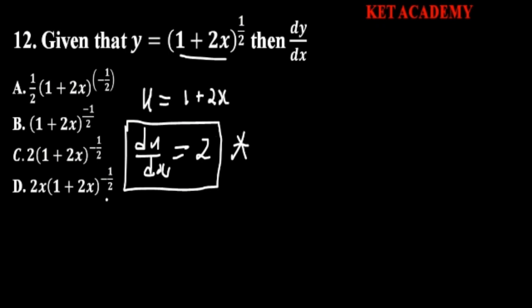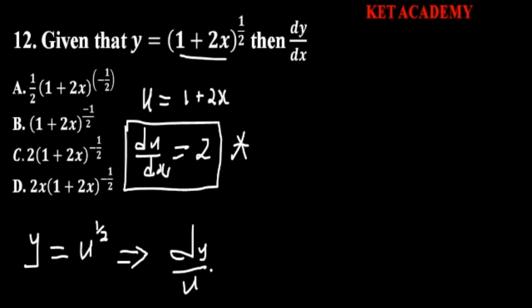Now we'll go back to the original function. We know that the original function will simply be y equal to u to the power a half. And this implies that when we want to differentiate our function y with respect to u, from the standard definition of differentiation, we simply bring down the power half, we copy the function and reduce the power by 1. So it will be a half minus 1.